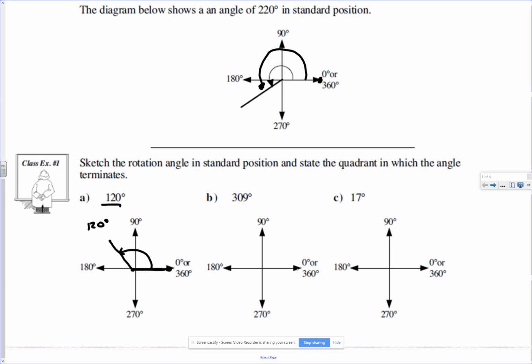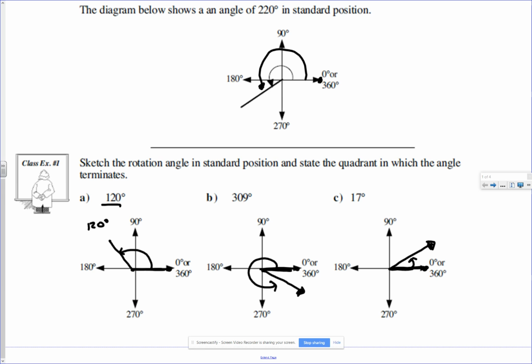And 300, if I start again, here's my start line, going 300 degrees is going to end me in this quadrant, because that quadrant goes from 270 to 360. And then 17 degrees, if this again is my start line, then this right here would be my 17-degree angle.